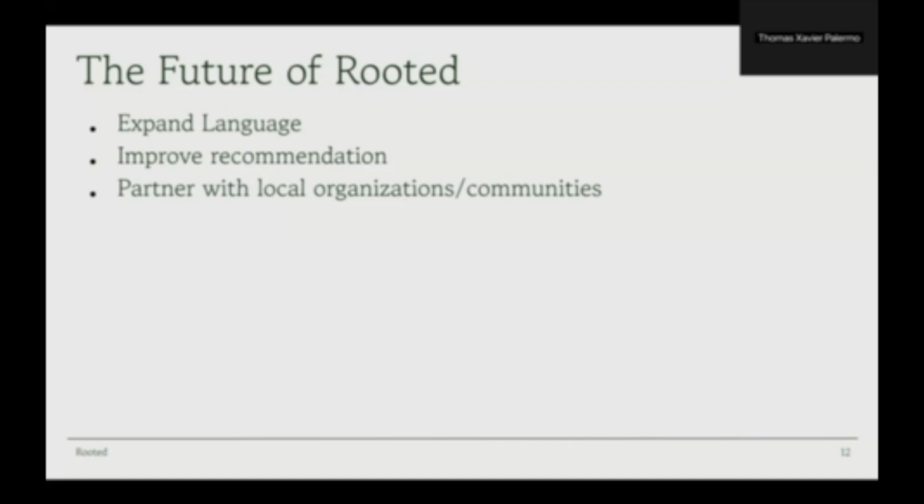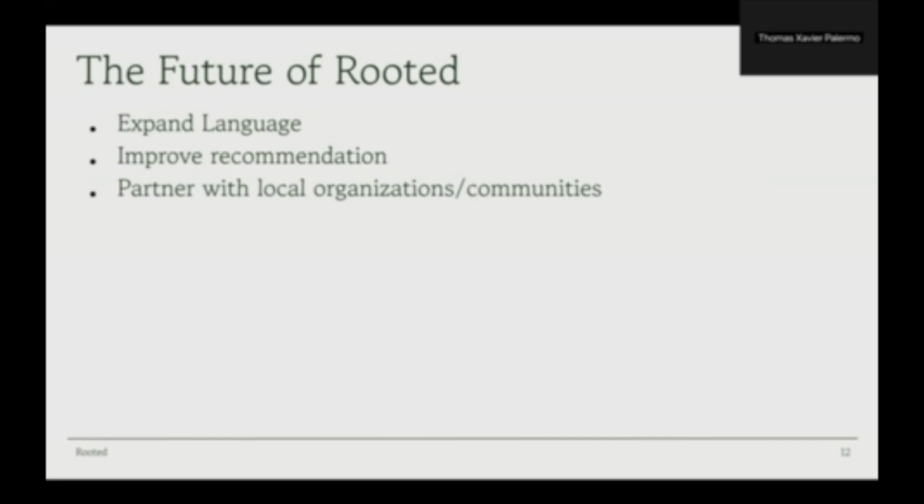And then another thing we want to do is improve recommendations. So making what events are recommended to which user better, and how we show different users the events that are in their area and which ones we think they would be most likely to go to. This is also something that most apps can always be improving on, but definitely something that we want to make better within our app.